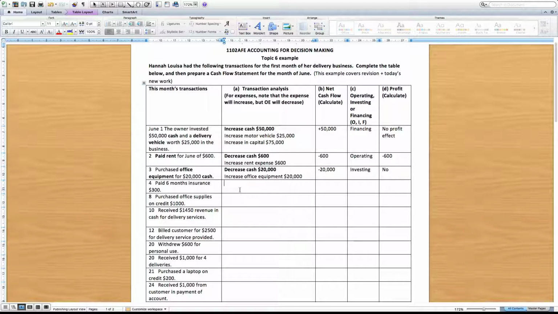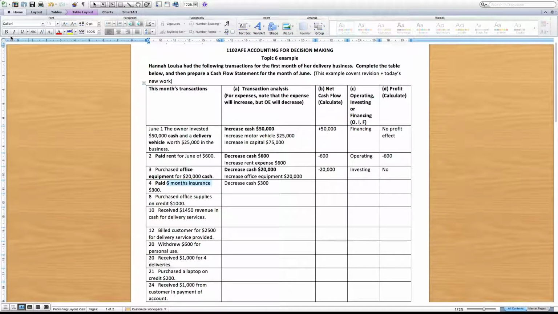On June the 4th, we paid 6 months insurance. So again, we've got that word paid in there, indicating that we have got cash involved. So we're paying for something, which means our cash is going to go down by $300 in this case. So our second effect, well, we're purchasing insurance, but we're purchasing 6 months of insurance.